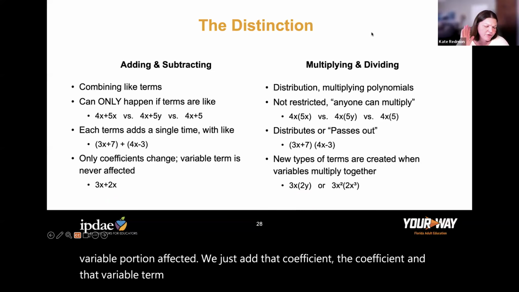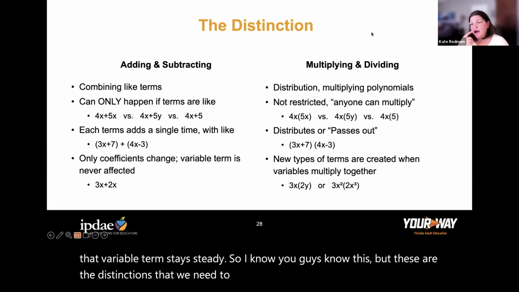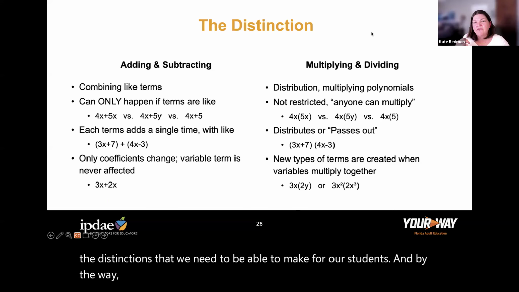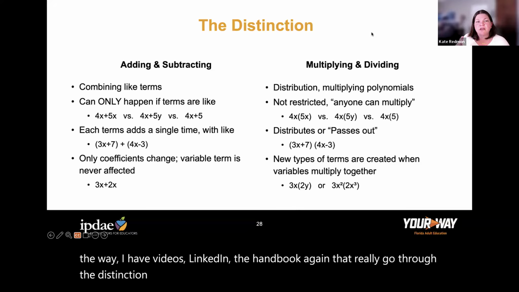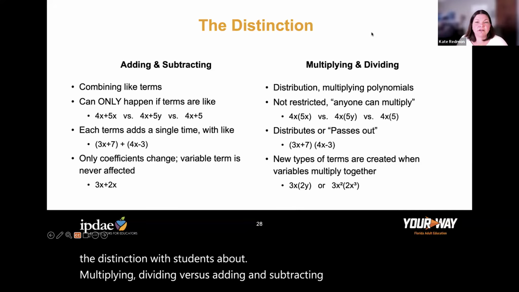So I know you guys know this, but these are the distinctions that we need to be able to make for our students. And by the way, I have videos linked in the handbook again that really go through the distinction with students about multiplying and dividing versus adding and subtracting so they can get a similar clarification in their heads.